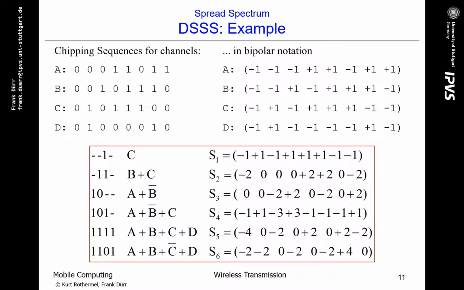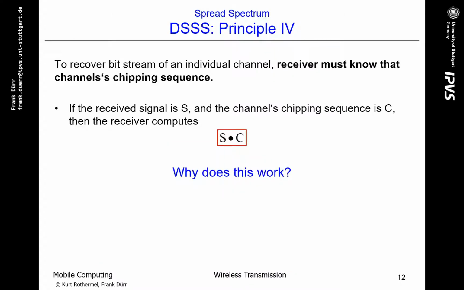Okay, so how does a receiver actually decode only the information from a specific sender, or let's say from a specific logical channel that it wants to receive? Let's say C is the chipping sequence of the sender that the receiver wants to decode the information from. Then the receiver will receive a signal which is the sum of all the signals sent out by the different senders concurrently.